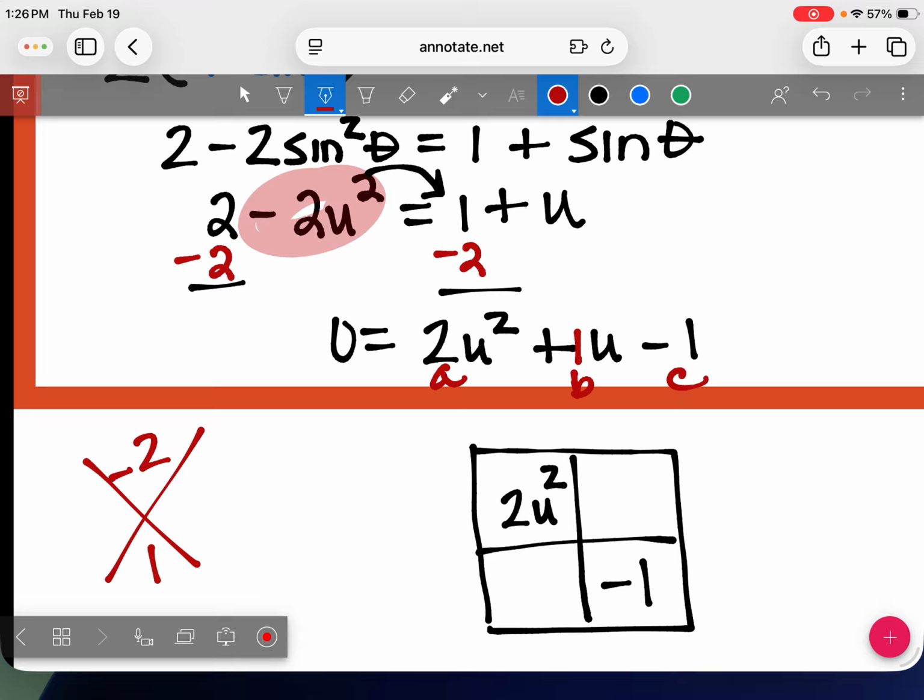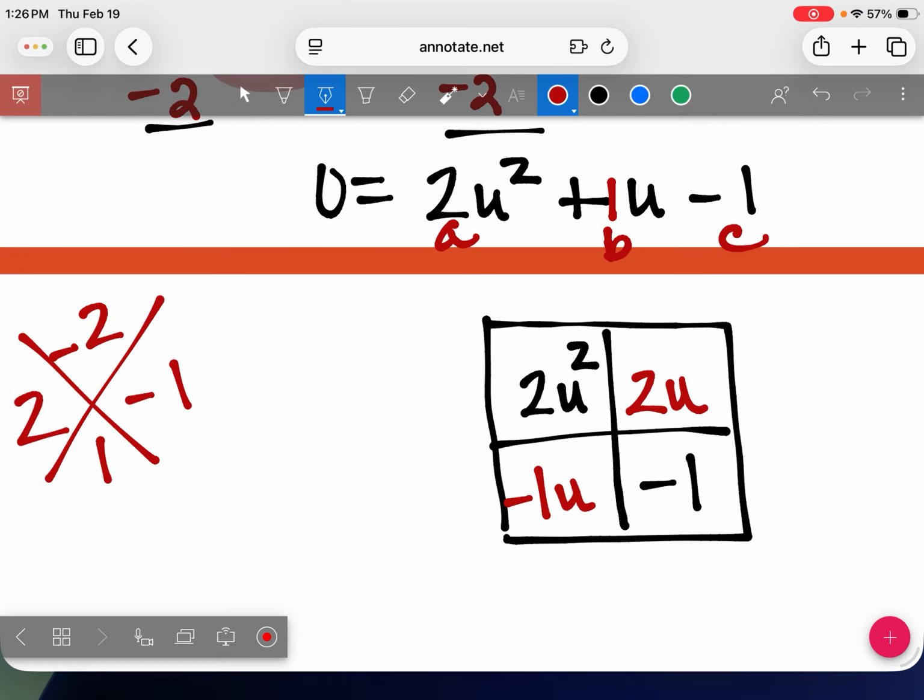Thumbs up when you know two numbers. Okay. 2, 3, 4, 5. All right, anybody want to tell me the numbers? What's the numbers? 2 and negative 1. So I want you to put a positive 2u in one square and a negative 1u in the other.